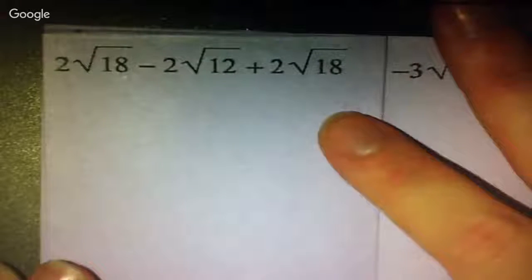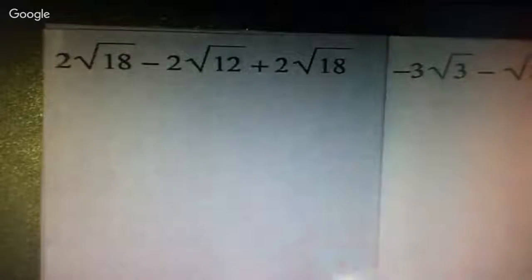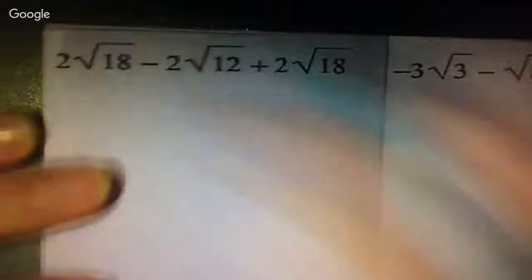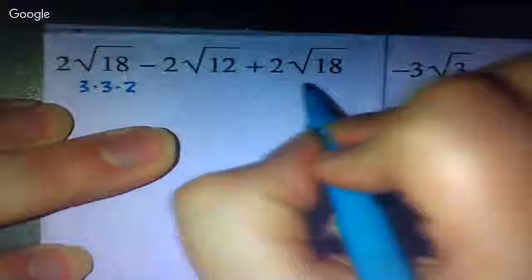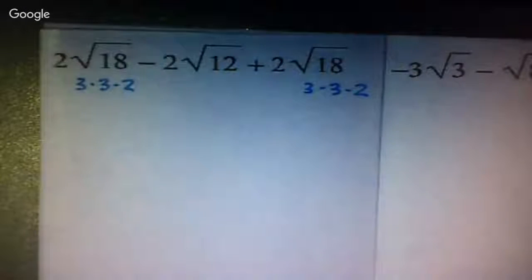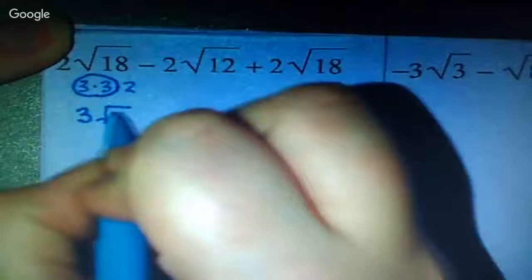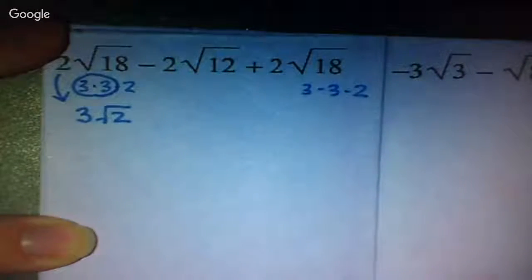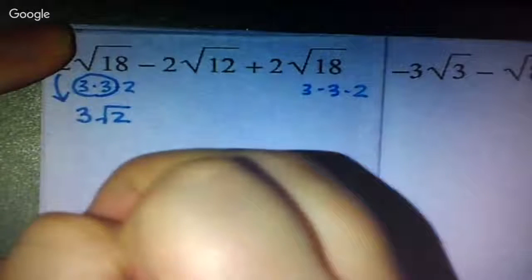We've already broken down 18 on one of the previous pages. 3, 3, and 2. So this is 3 times 3 times 2. This is also 3 times 3 times 2. I'm grouping in 2's, so this becomes 3 square roots of 2. Don't forget to bring down that 2, so 6 square roots of 2.